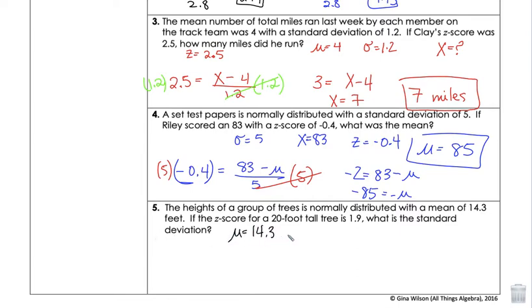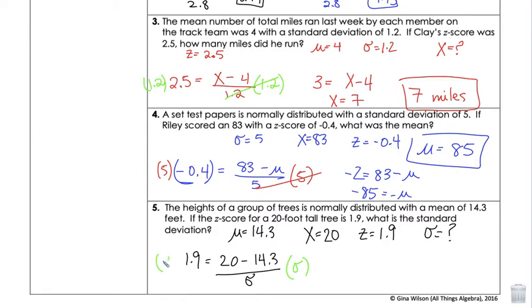If the z-score for a 20-foot tall tree, so x is 20 feet, and the z-score is 1.9, what is the standard deviation? 1.9 is equal to 20 minus 14.3 over sigma. This one's no different than the ones before. You always multiply by the denominator to get rid of it.